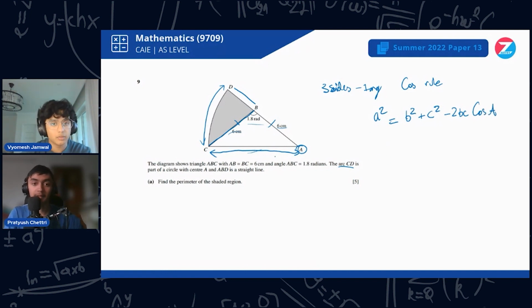Is the cosine rule given in the formula booklet? I think not. I actually have it right by my side. Let me just check really quick. I don't think it is, but I would check.